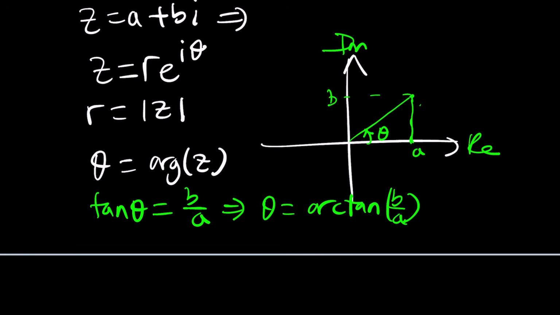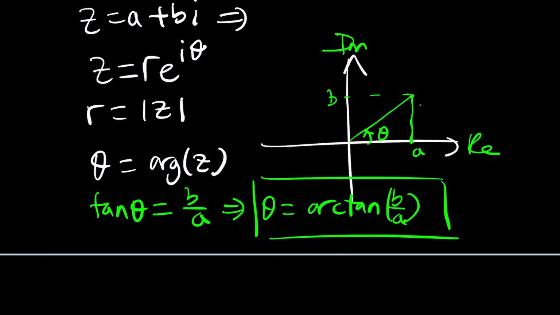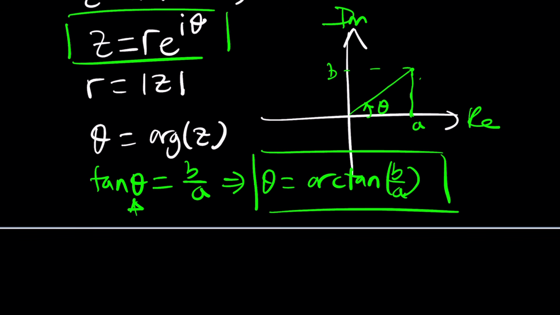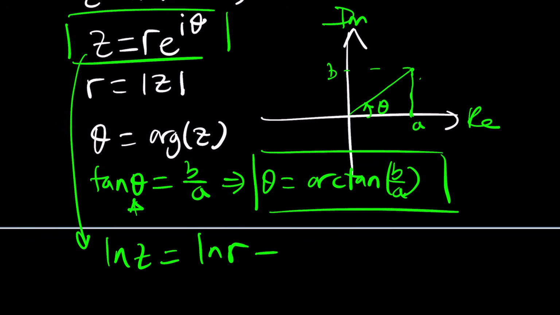But I say under certain conditions because what if this is negative? There are two quadrants in which tangent is negative, so you have to decide depending on the value of a and b. Anyway, if you take this complex number and ln it, which is a lot easier to do, ln z would be ln r plus i theta.